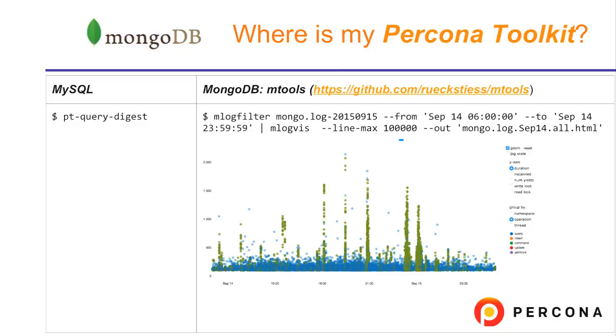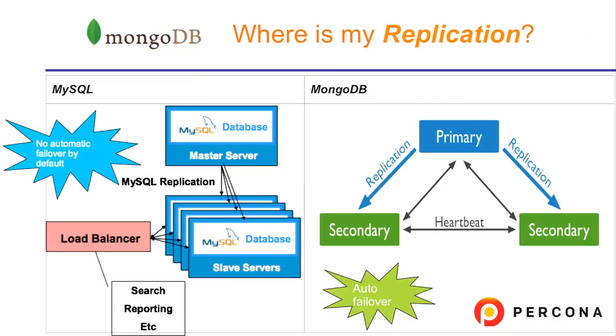All right, so the next topic is, where's my replication? I think that I love MongoDB implementation of the replication. In MySQL, we had so many issues with master-slave replication and failover and stuff like that. MongoDB just implemented what we dreamed of in MySQL.